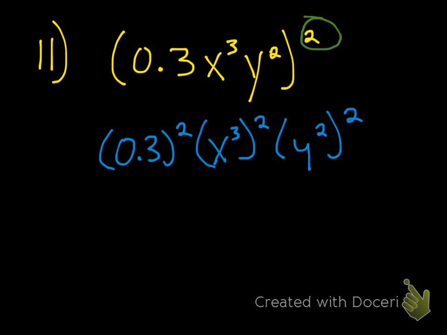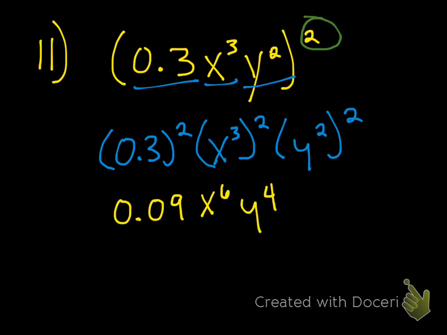Okay, you're squaring every single term, squaring 0.3, squaring x cubed, and squaring y squared, sorry. So 0.3 squared comes out to 0.09. X cubed squared is x to the 6th power, because remember, we're going to multiply those exponents. And y squared raised to the 2nd power is y to the 4th power.